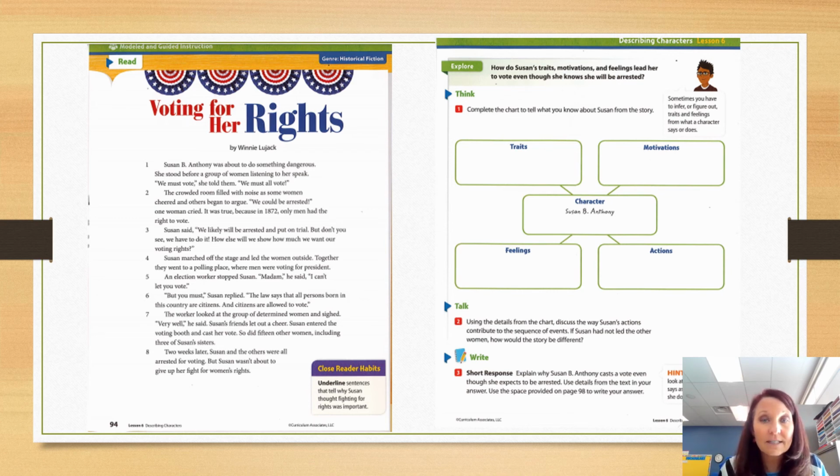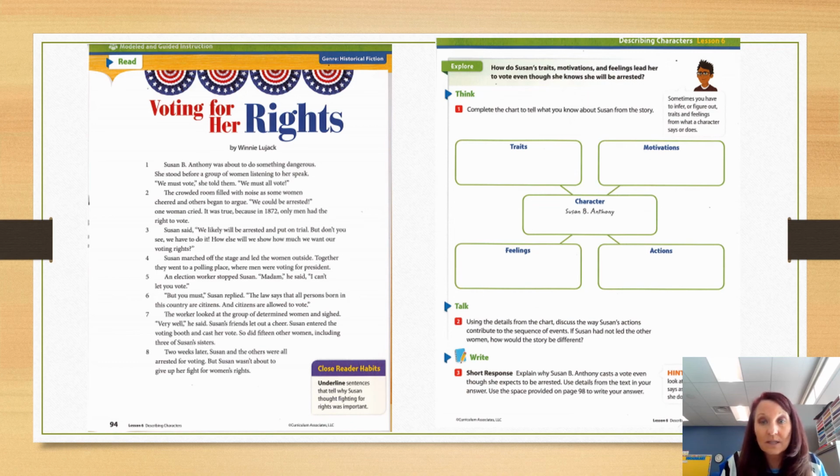So you're going to fill this out in Schoology. You're going to write what traits you see about Susan B. Anthony, or that you would use to describe her. What were her motivations for doing what she did? How was she feeling? And what actions did she take? And then you're going to write the short response in Schoology.